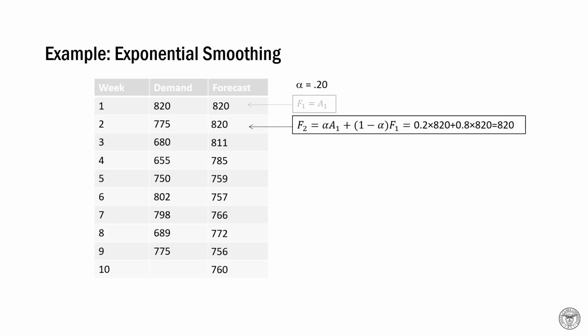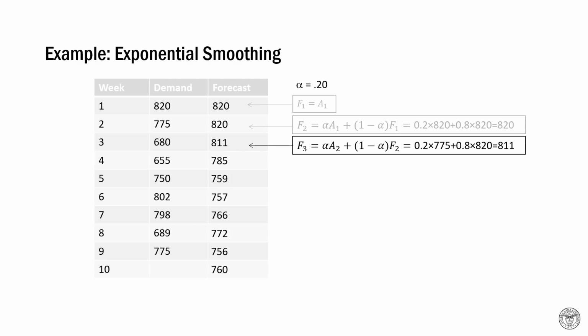Our next forecast F sub 2 is calculated as the product of the smoothing constant alpha, which is 0.2 in this case, and A sub 1 plus the product of 1 minus alpha, which is 0.8 in this case, and F sub 1, resulting in a value of 820.